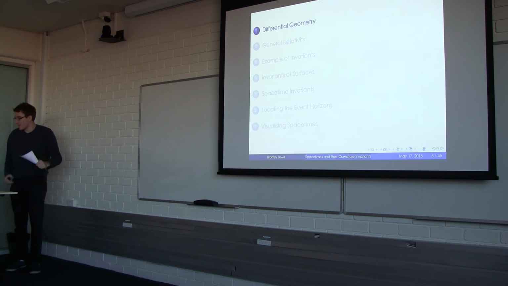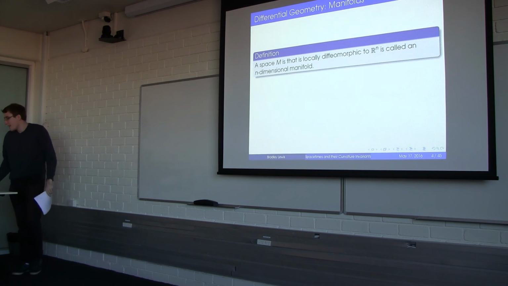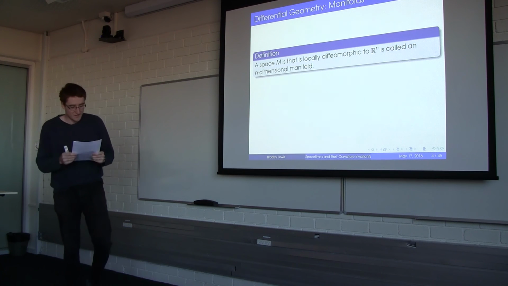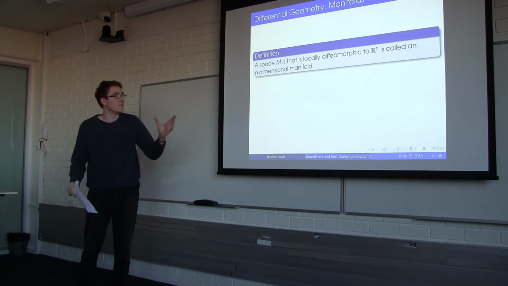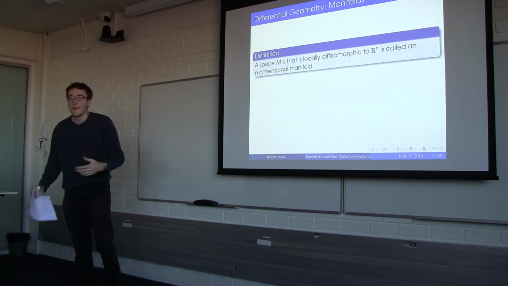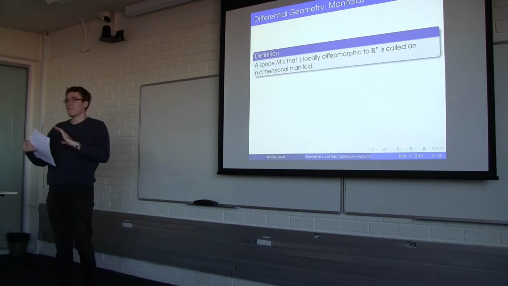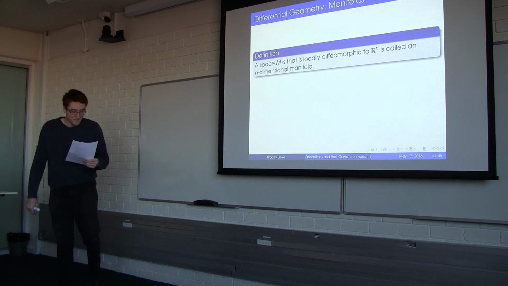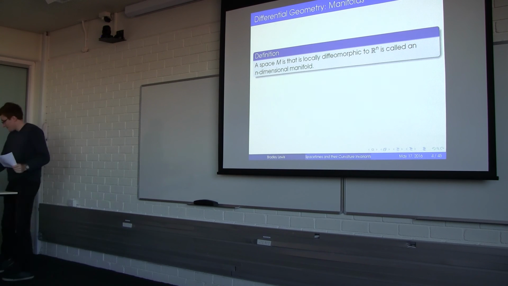So as I said, to start, we're going to go over some basic differential geometry. The first thing we'll need is a basic definition of a manifold. A manifold is something that locally looks like R^n at each point. You want to think about this as something like a surface or a sphere in 2 dimensions.